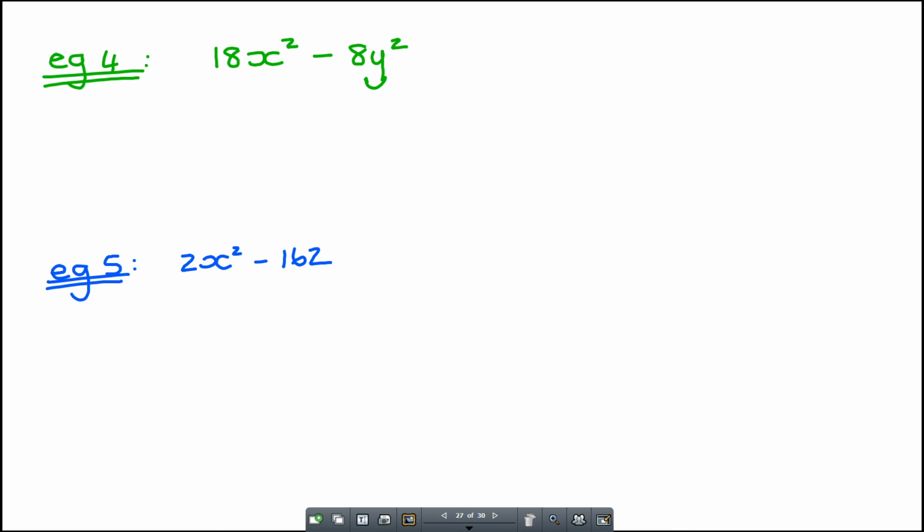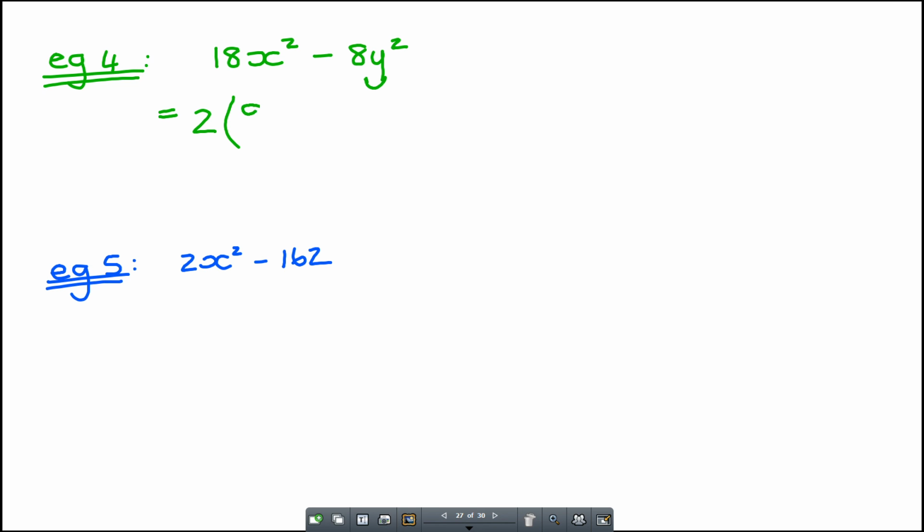What other method of factorizing were you taught? Common factor. So I can take out a common factor of how much? Of 2, yes. Okay. So let's take out a common factor of 2. So we show 2 is my common factor. Start your bracket.